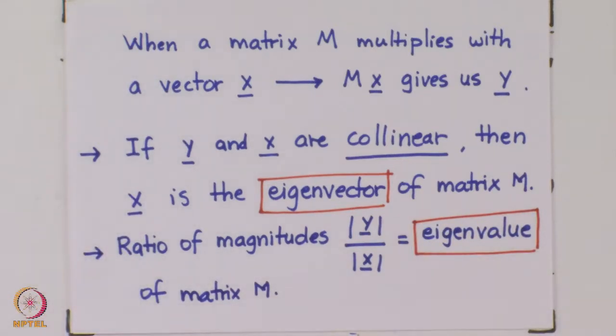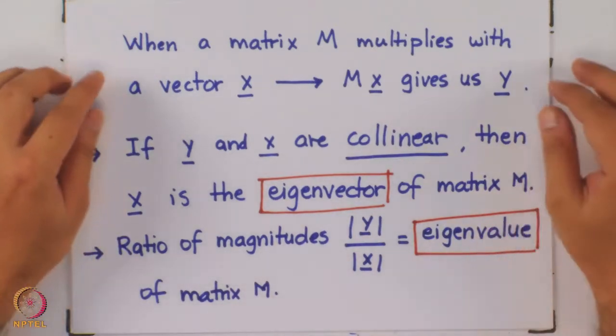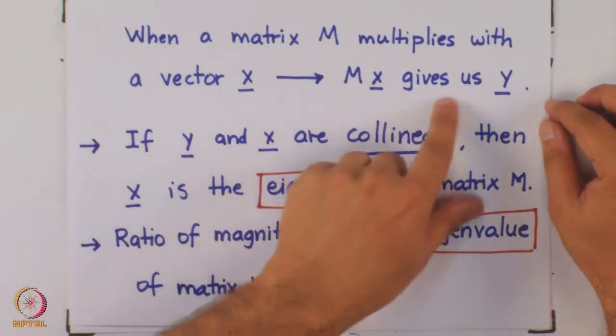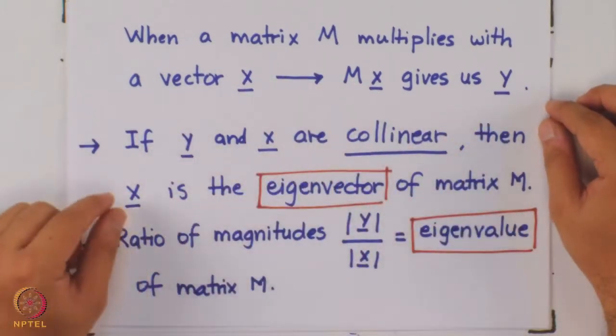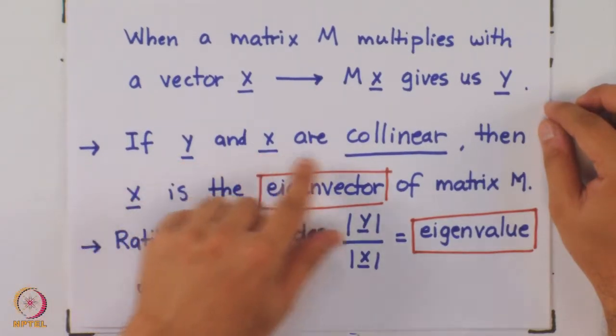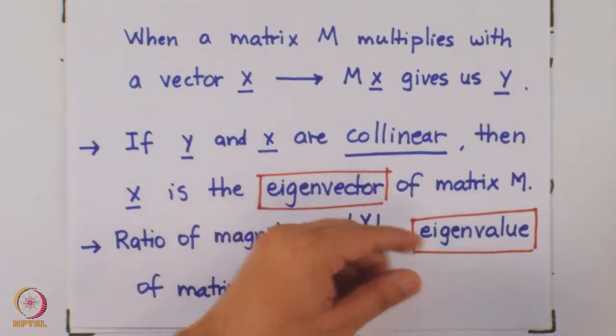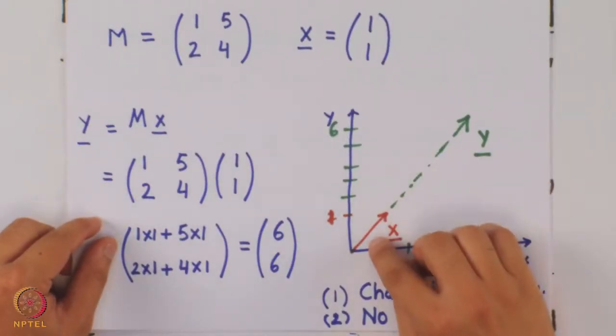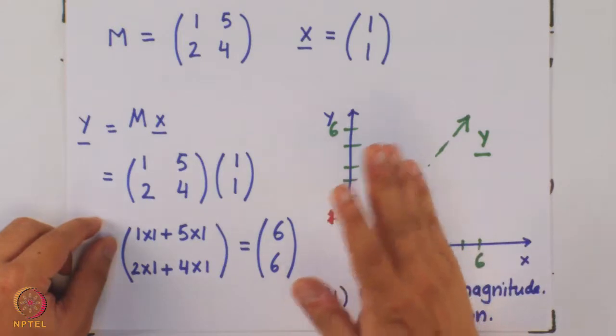Okay. What are these? So, again let us go through this definition. When a matrix multiplies with a vector x, Mx gives us y. So, y is equal to Mx, and now if y and x are collinear, by collinear what we mean is that between y and x there has been no rotation.